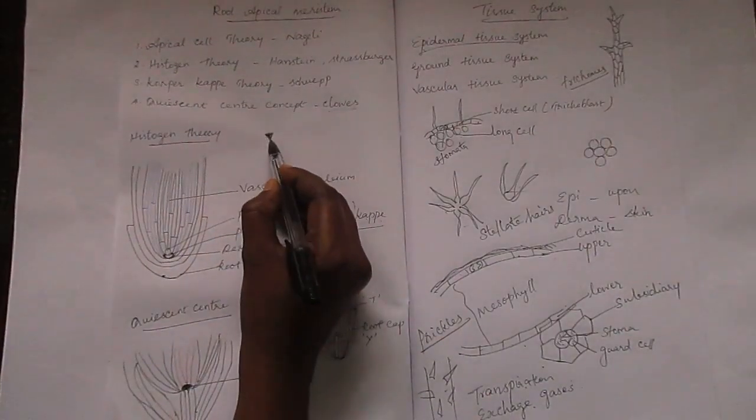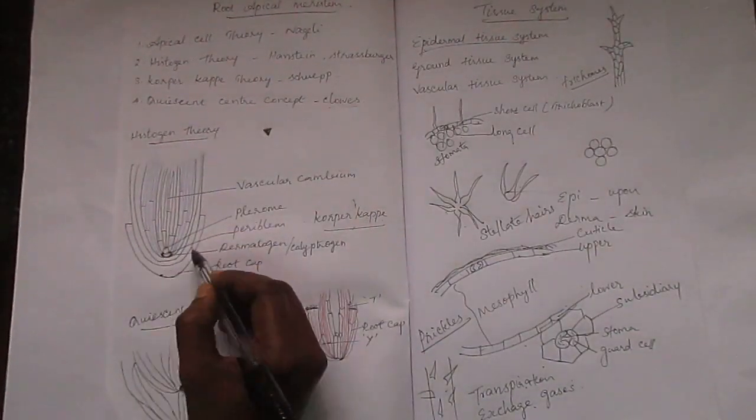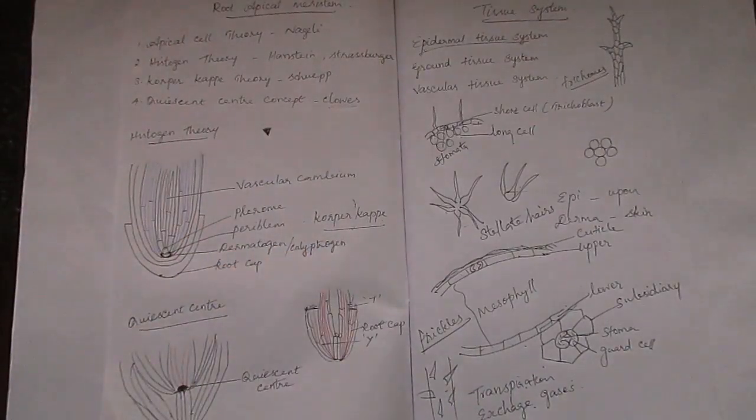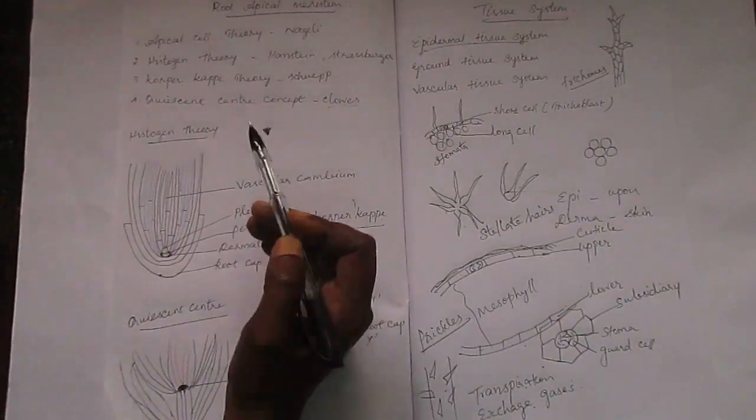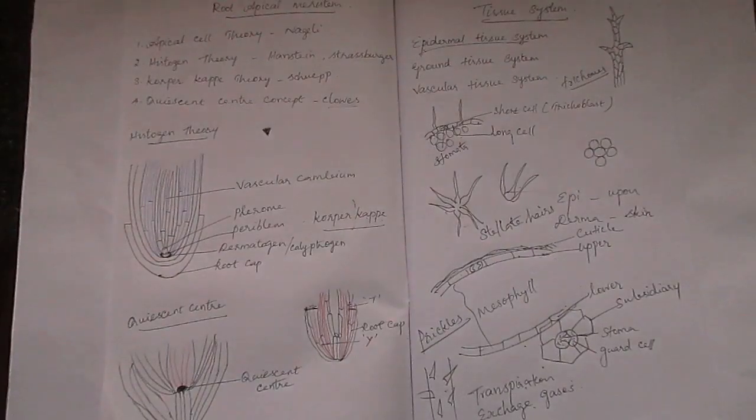The remaining 3 sides produce epidermis, cortex and the vascular tissues respectively. So it was found in vascular cryptogams. So apical cell theory says about this apical cell.